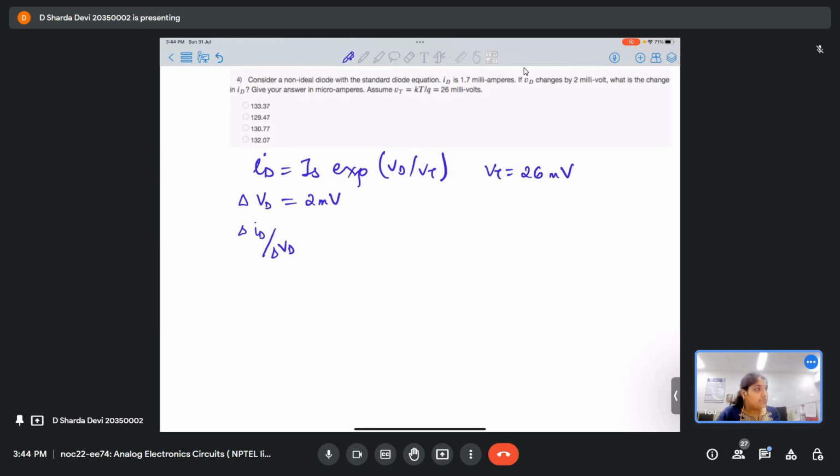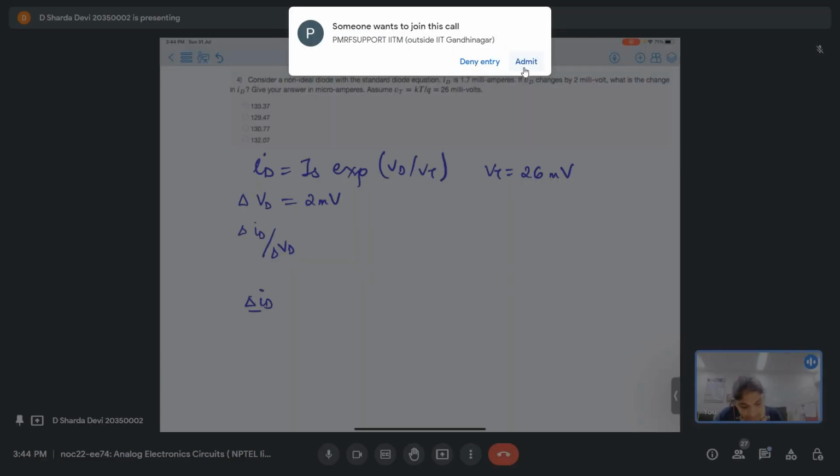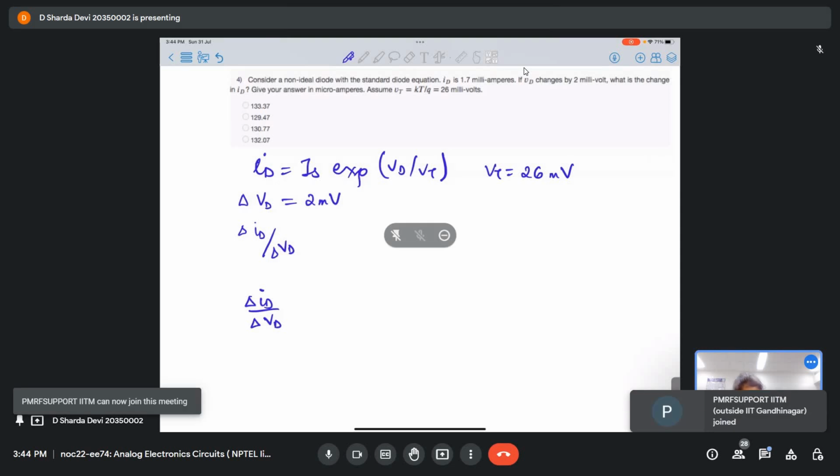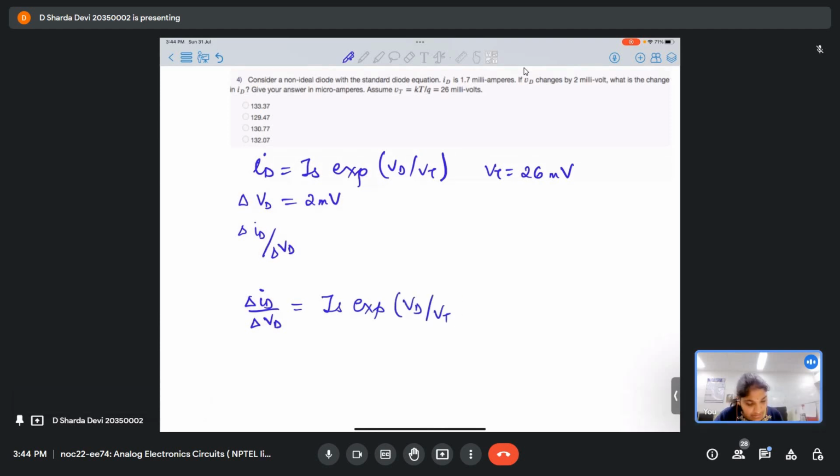So if we look at delta ID by delta Vd, we have to simply differentiate this equation with respect to Vd, right?